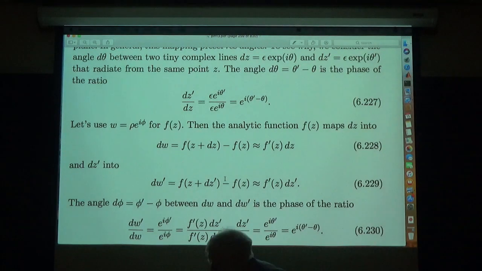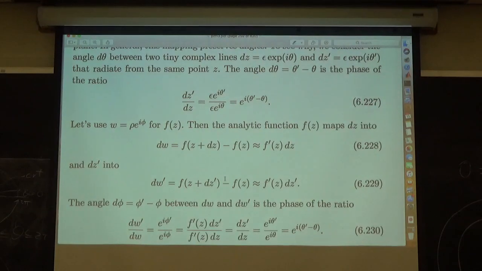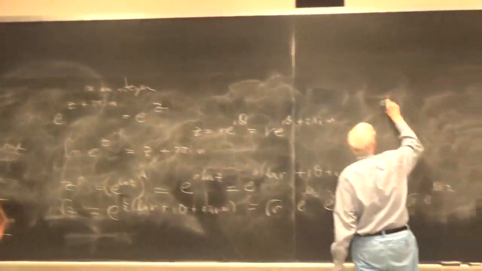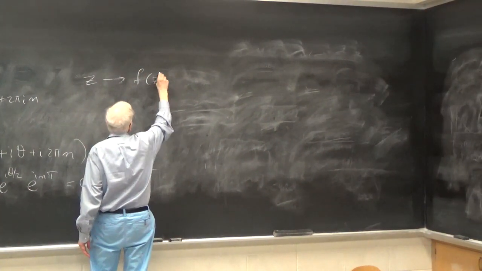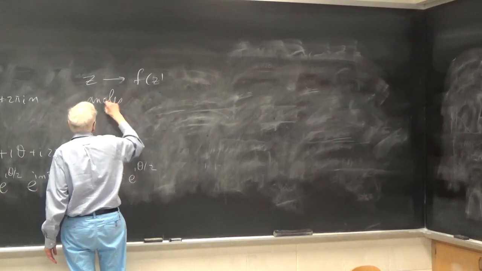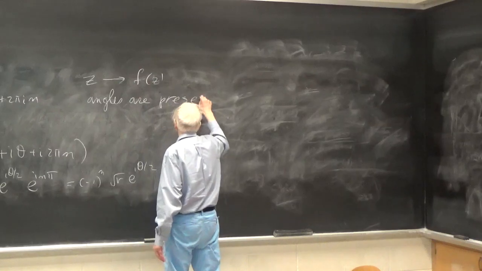Okay, so now we have something that is maybe best done on the board. It's conformal mapping, and it's a simple idea. The idea is we go from z to f of z, and the point is that angles are preserved.